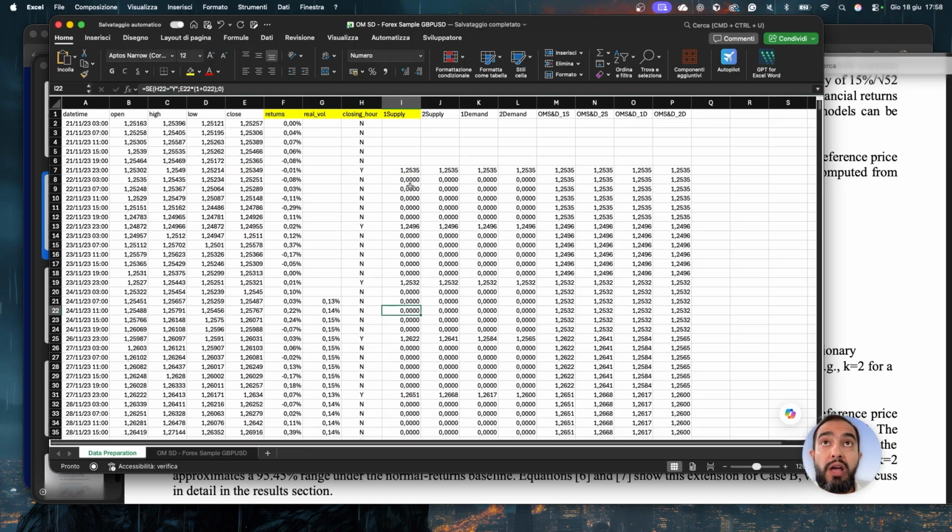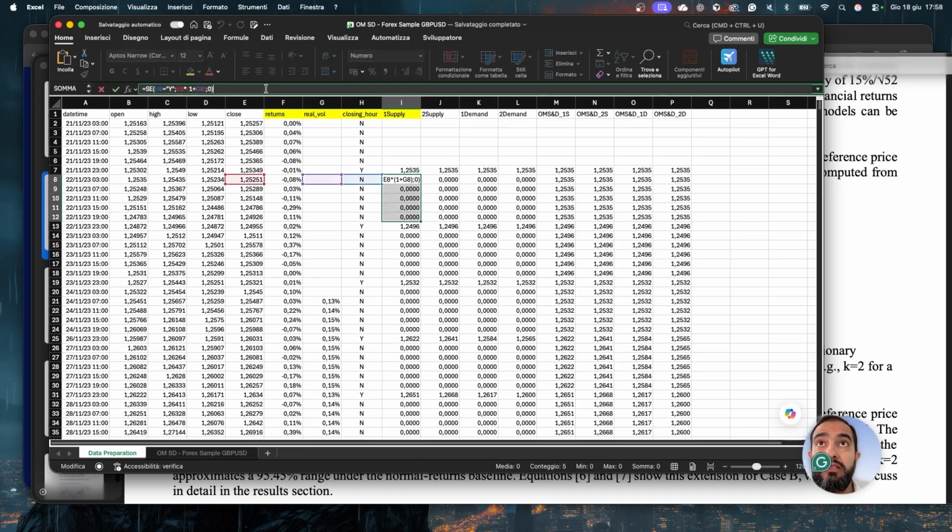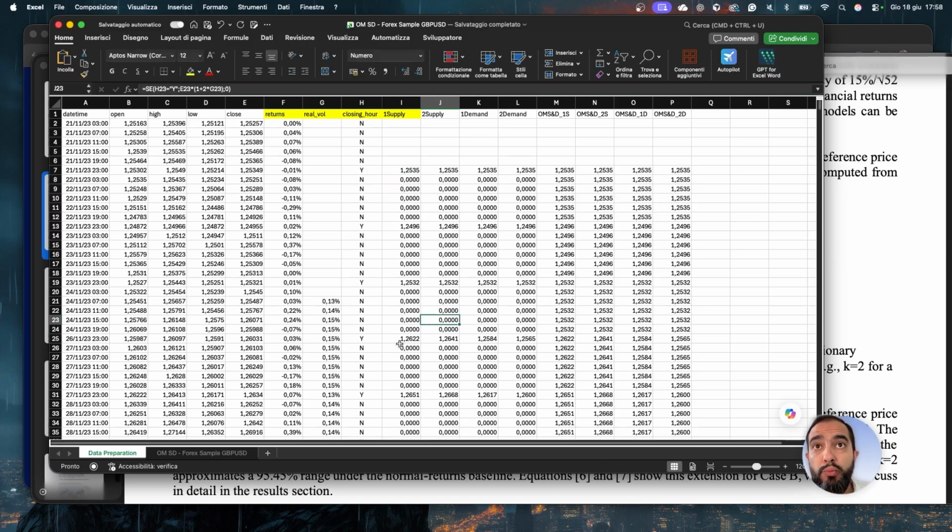So you will have plenty of zero cells, because those are the cells where we have the no. But where you have the yes, you will have the calculation: the closing price times 1 plus that standard deviation, the realized volatility that we have. The second supply level is the same idea, but it's 2 times the realized volatility. The demand is another column where we do the calculation: 1 minus for the first demand level and 2 minus for the second demand level.